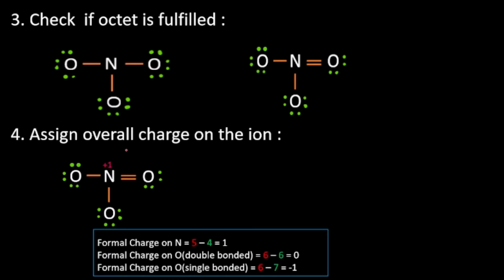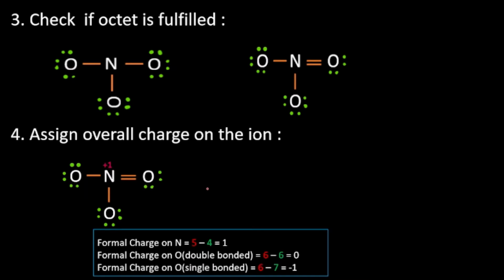So in the final step, you can find the formal charge to assign the overall charge on the ion. Here the formal charge of nitrogen is 5 minus 4, because the number of electrons assigned to nitrogen in this case is 1, 2, 3, 4. So its formal charge is plus 1. And the formal charge on the double bonded oxygen: here the number of electrons assigned to this oxygen is 1, 2, 3, 4, 5, 6.